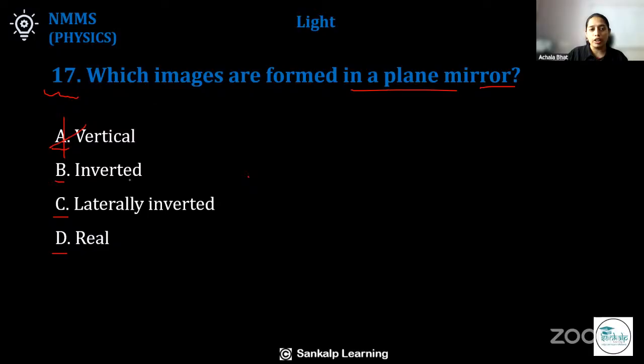Now, answer me, which images are formed in a plane mirror? Vertical, wrong. Inverted, whether plane mirror forms inverted, upside down images? No. See, laterally inverted. Yes. What is meant by lateral inversion? If the right side or right part of the object appears as the left side of the image, then we call it lateral inversion.